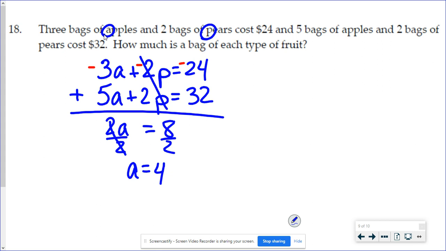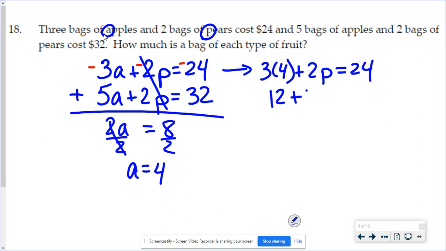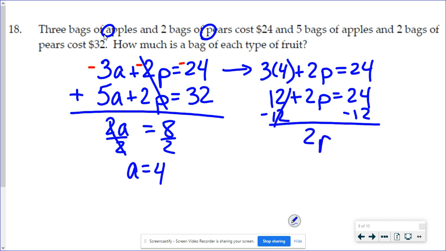The pears, then, if I would use my original top equation, 3 times 4 plus 2 times P equals 24. So pears are going to be $6 a bag. So apples are $4 a bag.